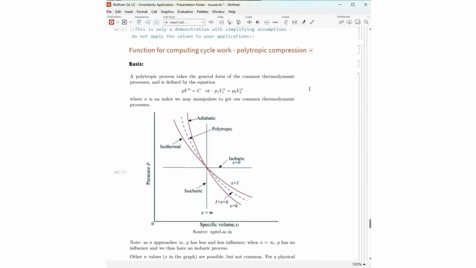When we look at the polytropic compression curve as specific volume versus pressure, the polytropic line is between the adiabatic and the isothermal lines, with the pressure times volume to the power of n is constant, where n is the polytropic index. So this is the function we're going to use to estimate the work.